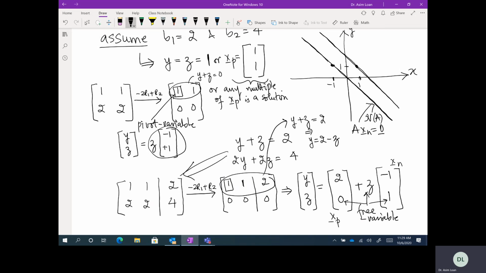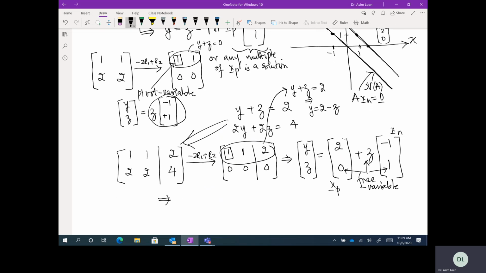So this point over here is actually 2, 0, and if you use MATLAB, this is what you're going to get. So this implies x is of this form, 2 minus c and 0 plus c.